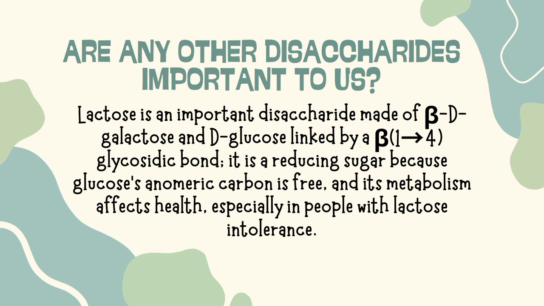Lactose is an important disaccharide found in milk. It is made of two sugars, galactose and glucose, joined by a beta 1 to 4 bond. It is a reducing sugar because one carbon in glucose is free to react. Our body breaks it down using the enzyme lactase. If someone lacks this enzyme, they can't digest lactose properly, leading to lactose intolerance.